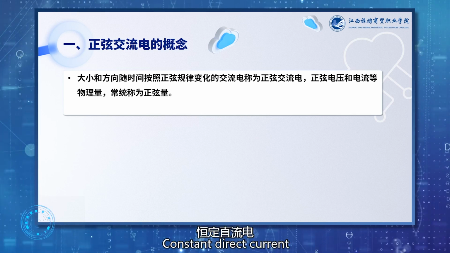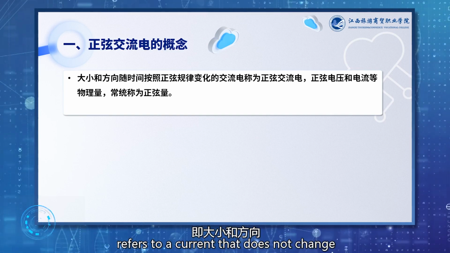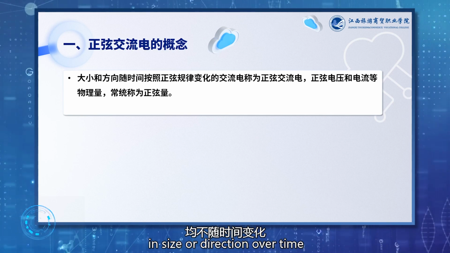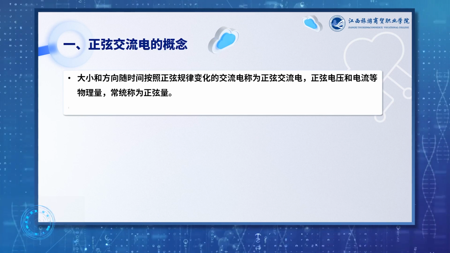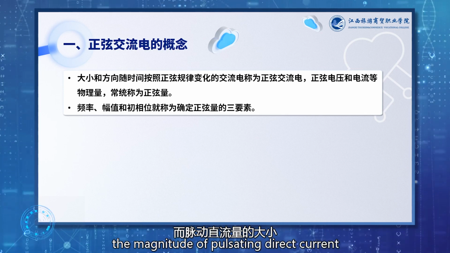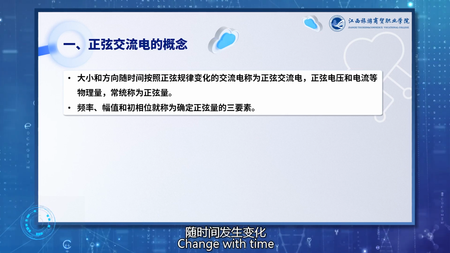Constant direct current refers to a current that does not change in size or direction over time. On the other hand, the magnitude of pulsating direct current changes with time.